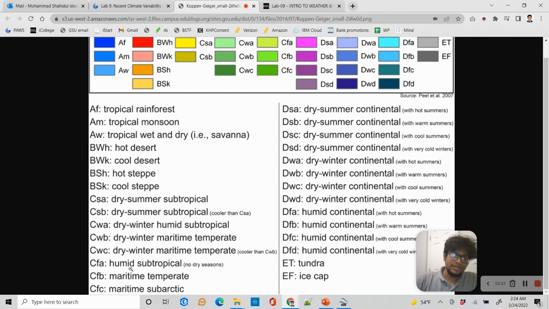So there is one answer for one of your questions. Atlanta falls in the humid subtropical region. What is a humid subtropical region? The region that has no dry season. If you're living in Atlanta, you already know that Atlanta, and Georgia in general, doesn't have a dry season.